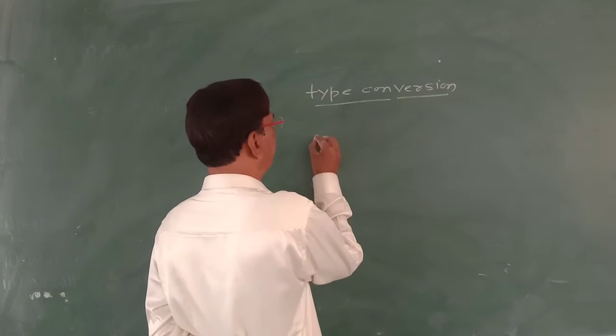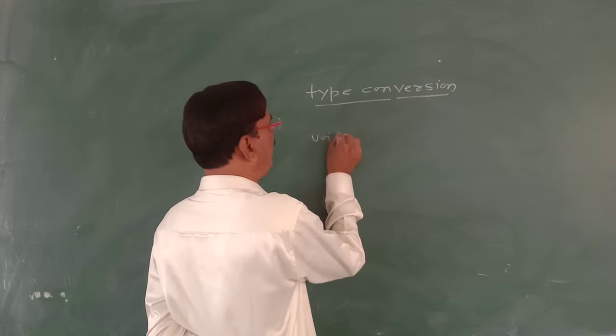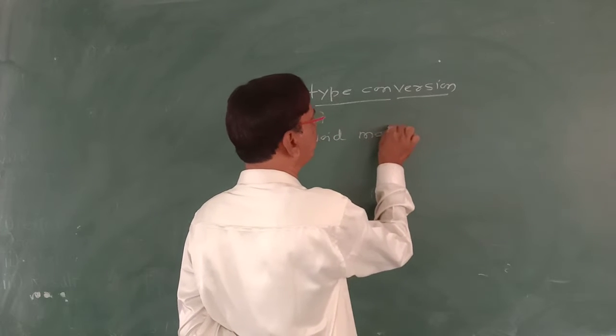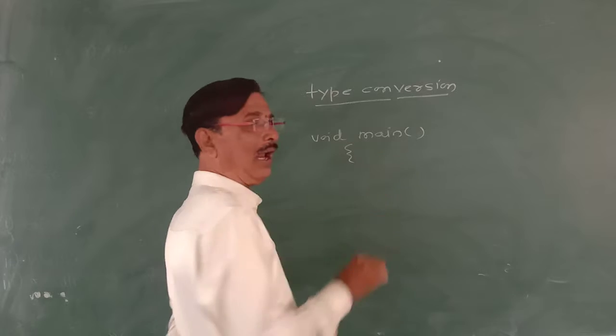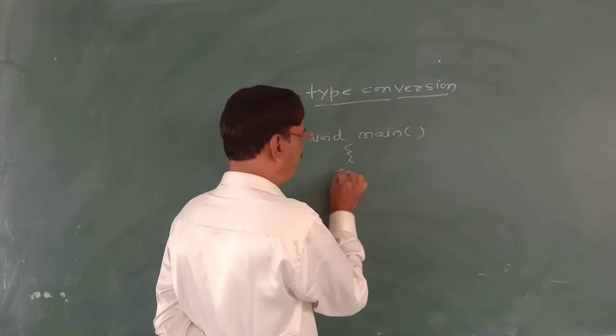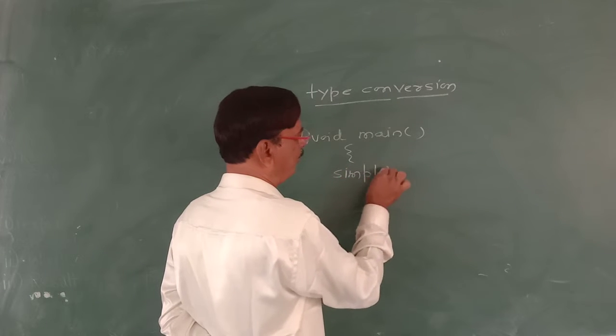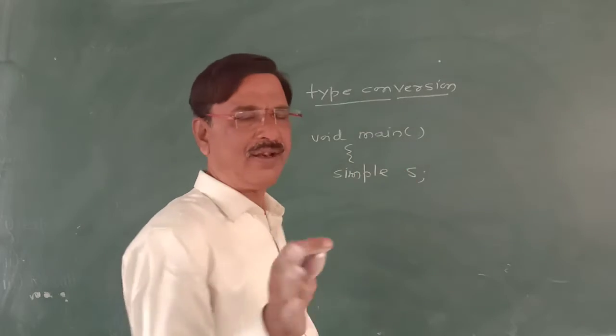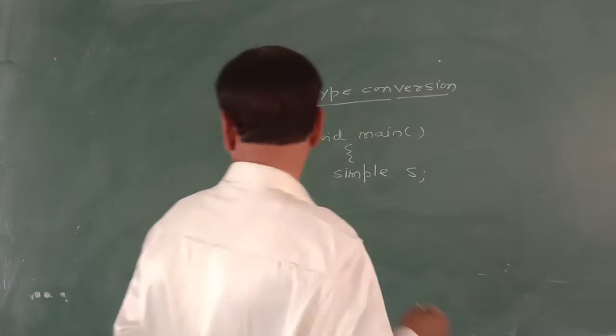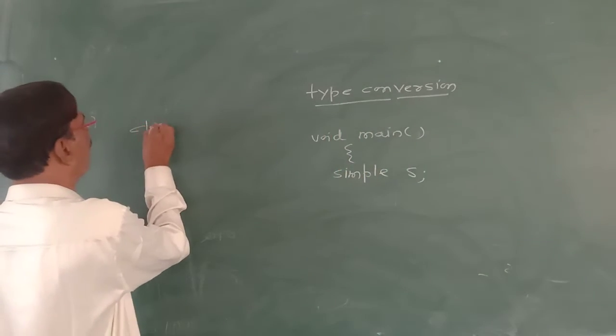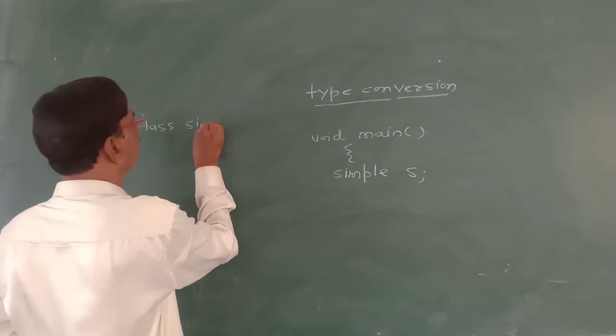Example: say a main function, void main, and there is one object belonging to class simple. We haven't defined a class, so we will define class simple.